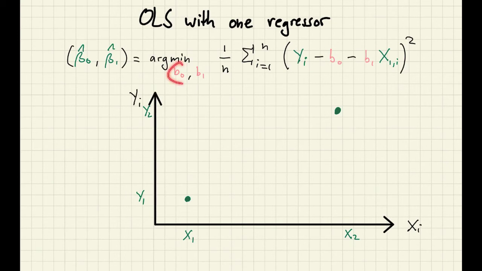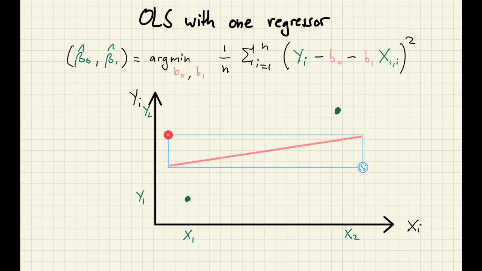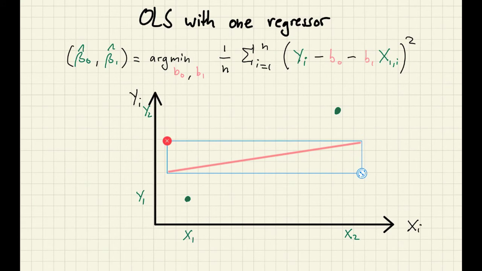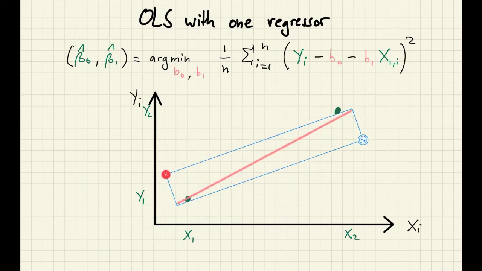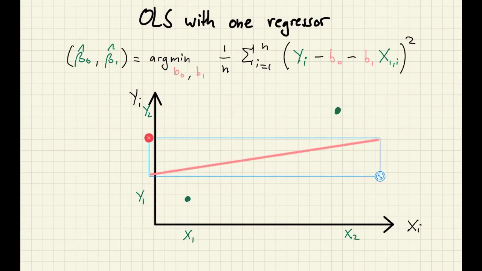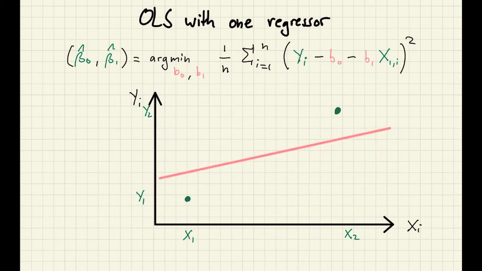Choosing B0 and B1 corresponds to choosing a linear curve, and changing B0 will change the location of the curve, and changing B1 will change the tilt of the curve. Let's suppose that we start with this hypothetical regression curve.